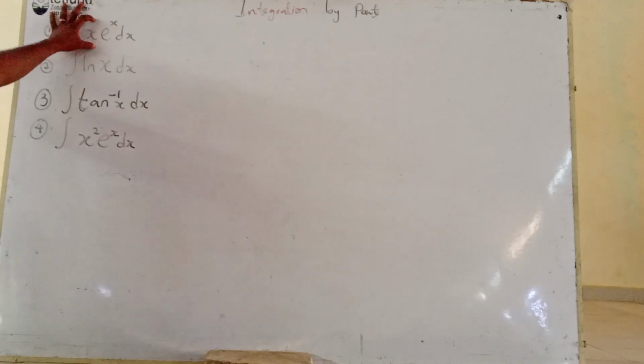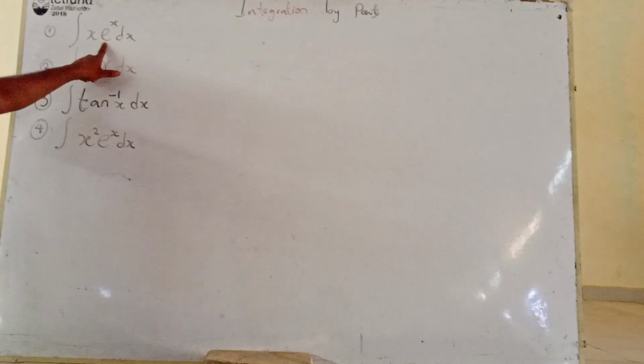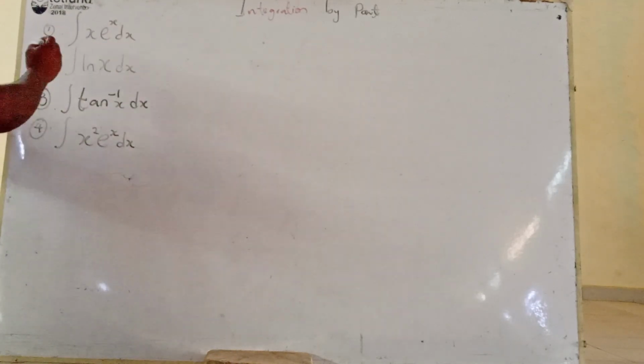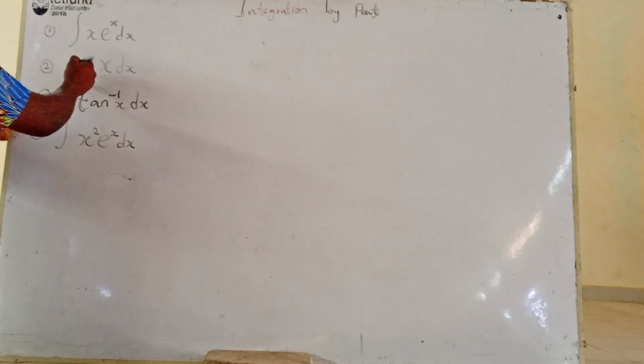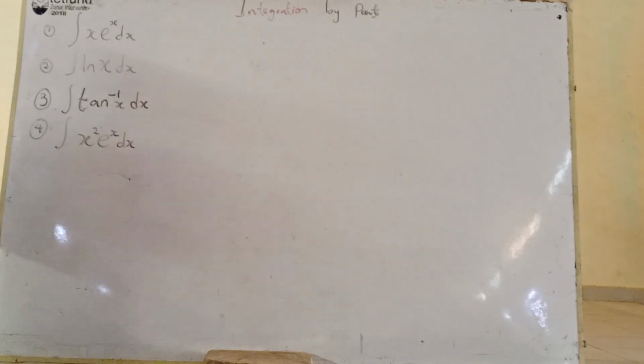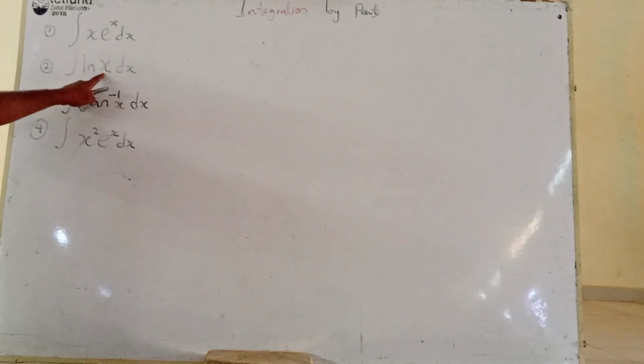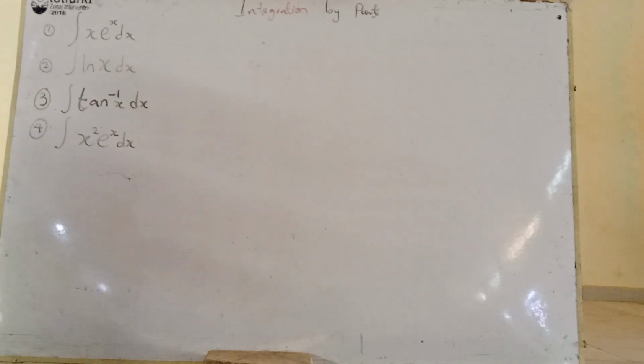You have x here and you have what? Exponential x. What about here? You have ln x and you have what? You have ln x and a function, and what do you have again? You have 1. There's a 1 here. Isn't that so?